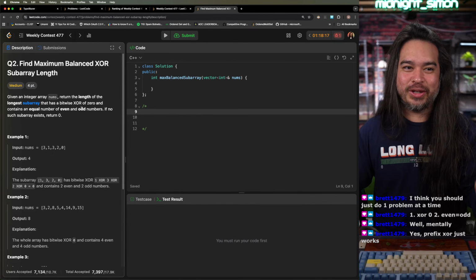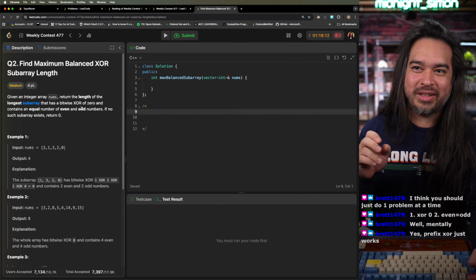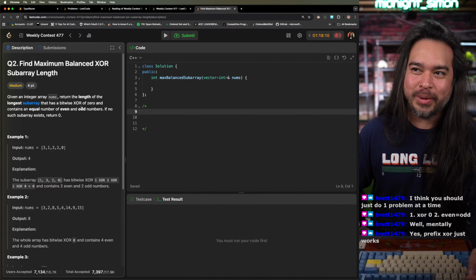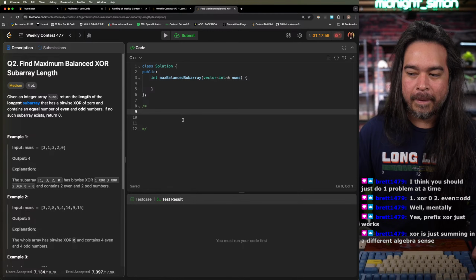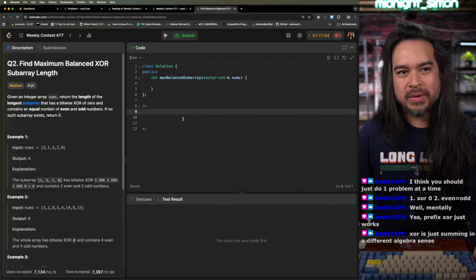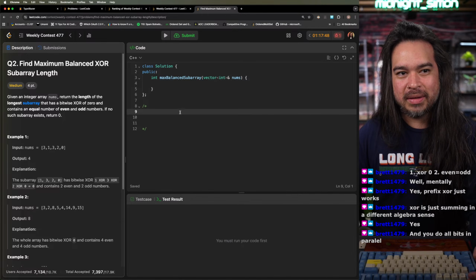Prefix XOR just works. Yeah, I don't know how to prove it works or anything, but I remember in the past it used to just work for me, and I forget how I convinced myself it works. XOR is just summing in a different algebra sense. Right, it's like summing and mod 2 almost, or something. Yeah, I think I can see that. And you do all bits in parallel.